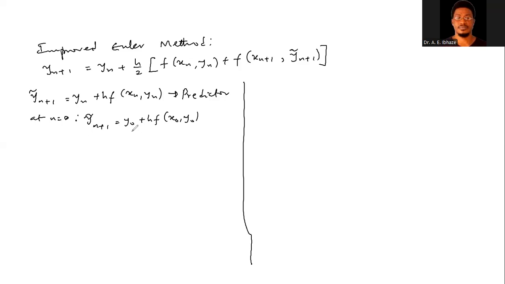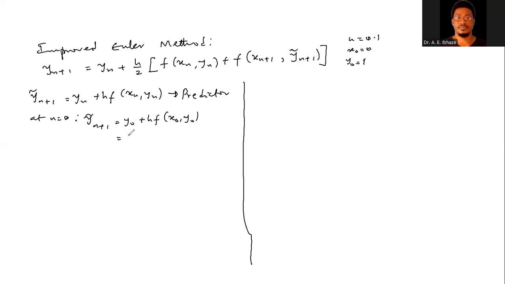Okay, and we already know that y0, as given, is the same as 1, s0 is the same as 0, h is the same as 0.1. These are the initial conditions and that's the step size.